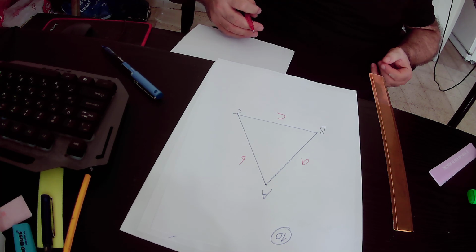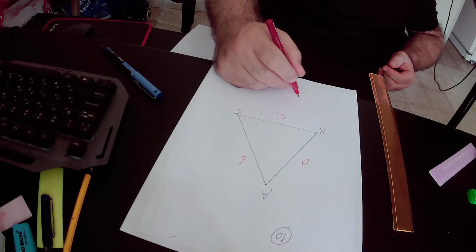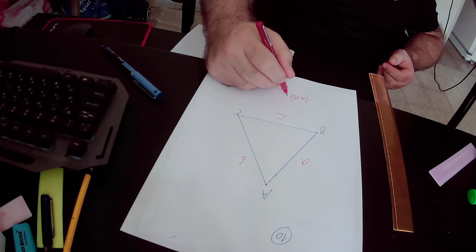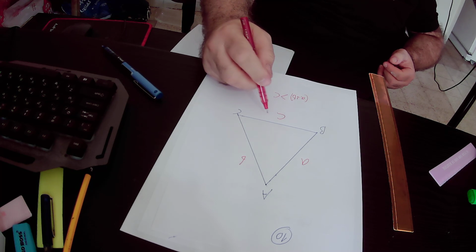the sum of two sides of the triangle, that is to say A plus B, will be greater than C, that is the third side.